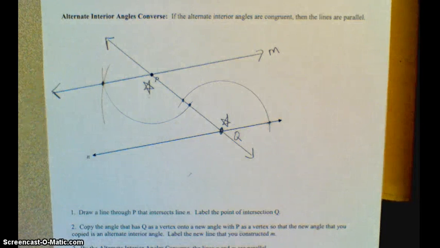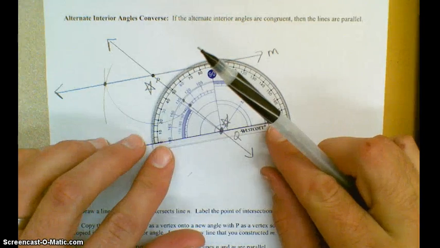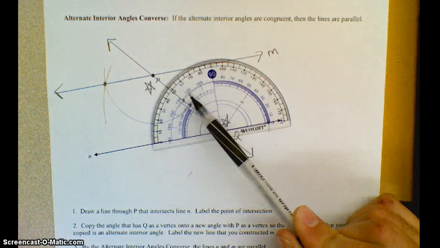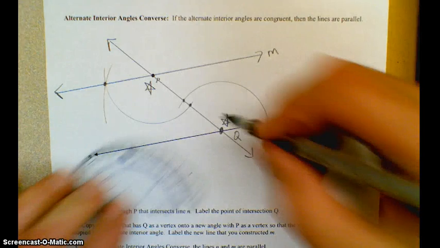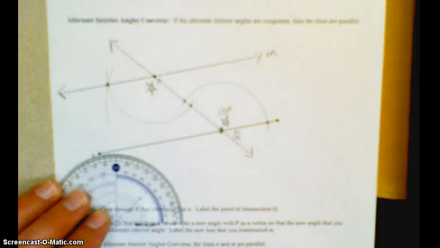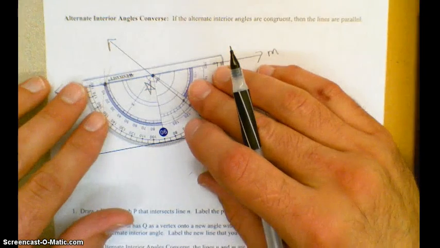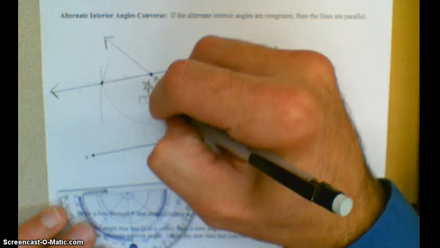Copying an angle means I should create congruent angles. I can check that I have congruent angles by measuring those two angles. This angle looks like it's about 133 degrees. And I can measure this angle, and it measures to be about 133 degrees.